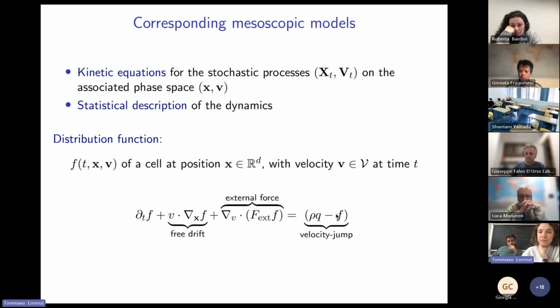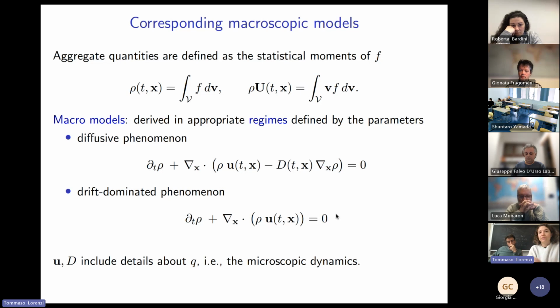From this equation, we can derive macroscopic models, in the same sense that Tommaso explained before. So we can introduce a macroscopic density ρ, the cell density at position x at time t, and also their average velocity, and this can be done by introducing the statistical moments of f.